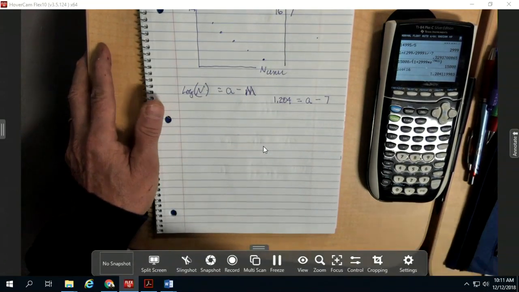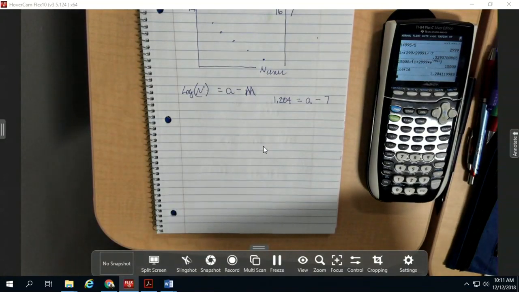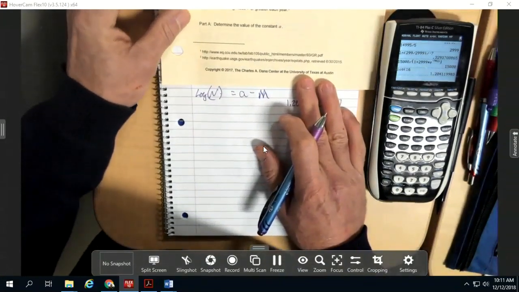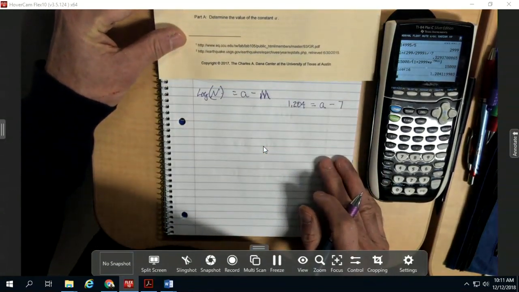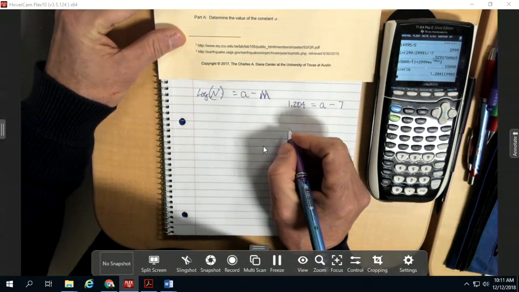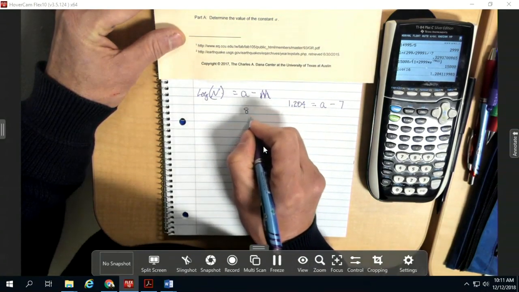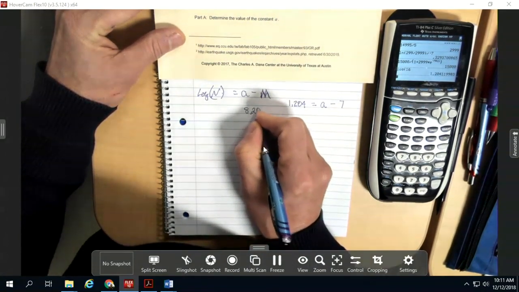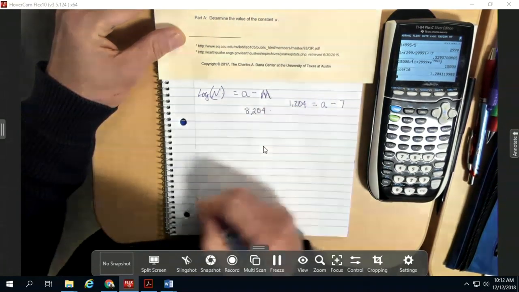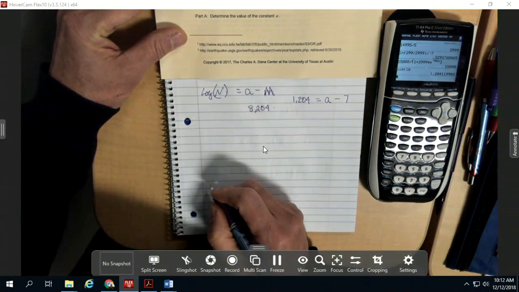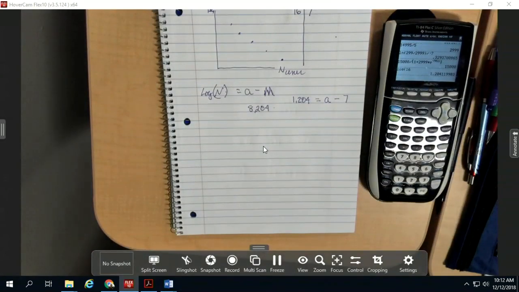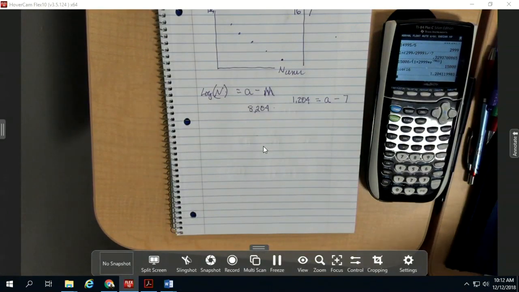What is that number, part A? It's 8.204, right? So that's our first parameter that we're going to consider.